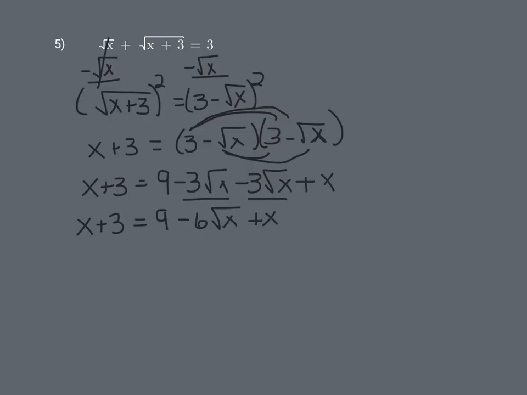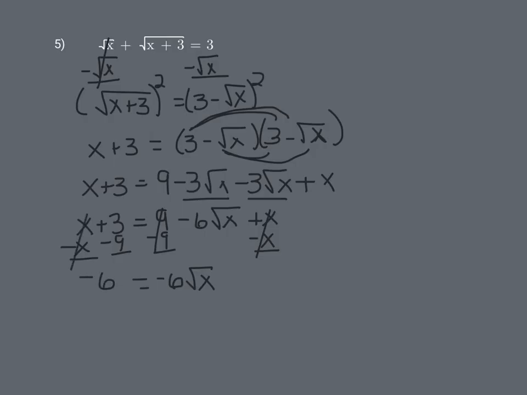You want to get the radical all by itself on one side of the equation. So in order to do that, I'm going to have to get rid of this 9 as well as this x. So these are going to cancel. So I'm going to have a negative 6 radical x on the right, and on the left, my x's cancel, and it just leaves me with negative 6.